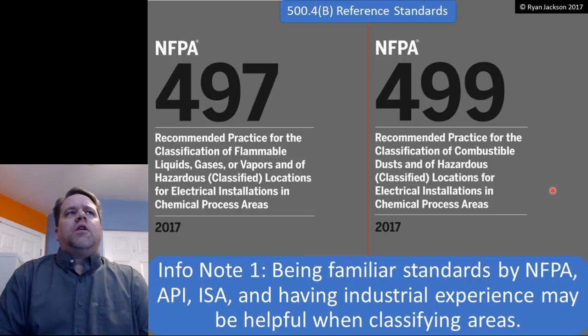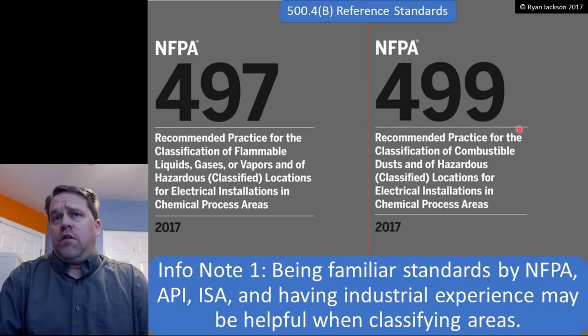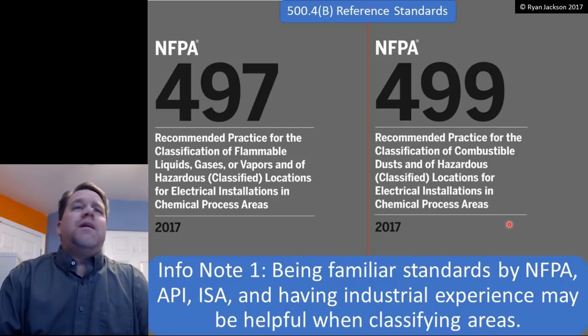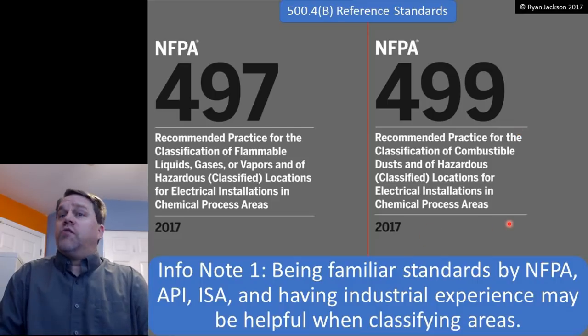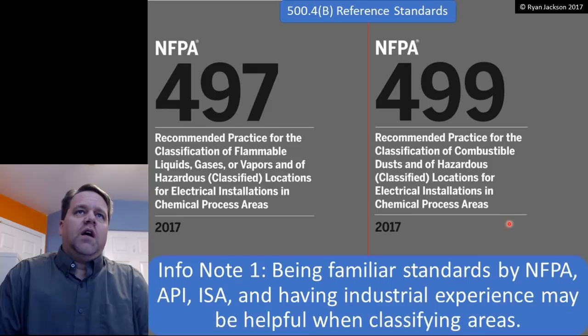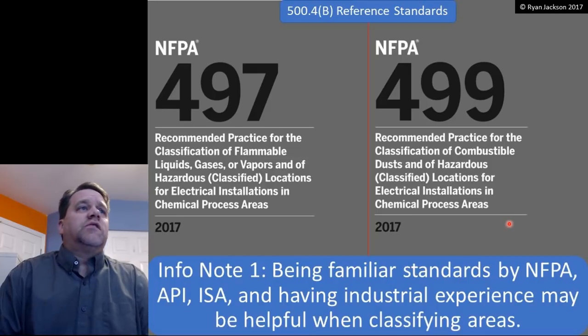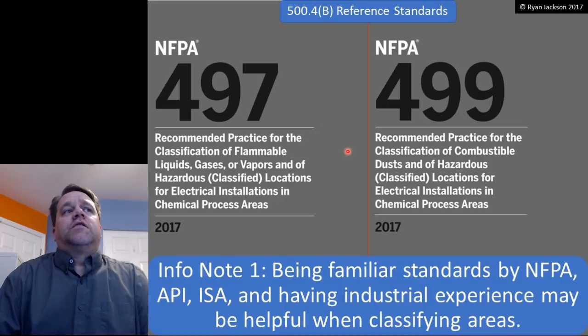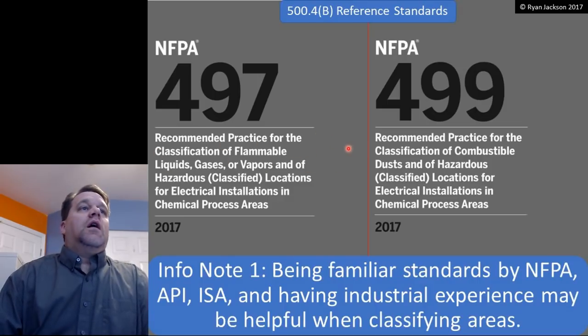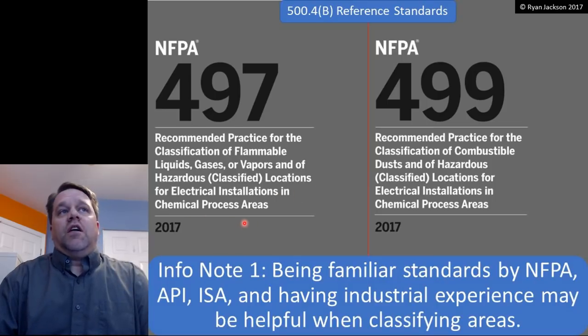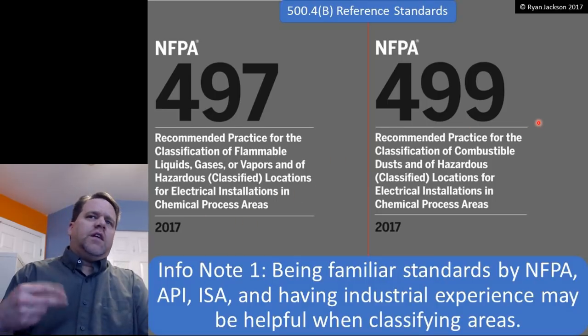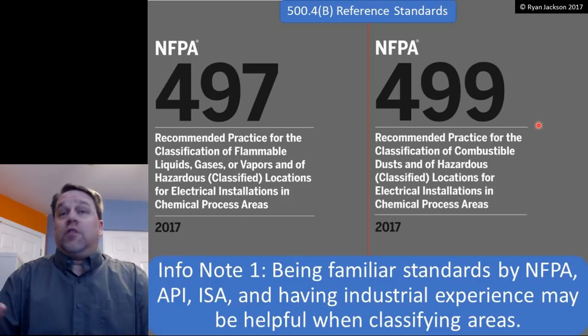Now, I put up here NFPA 497 and 499 because I think those might be the two most commonly used standards when it comes to hazardous locations. 497 is the recommended practice for classifying Class 1 locations, flammable liquids, gases, or vapors, in chemical process areas. And then 499 is the Class 2 version of that for combustible dust.